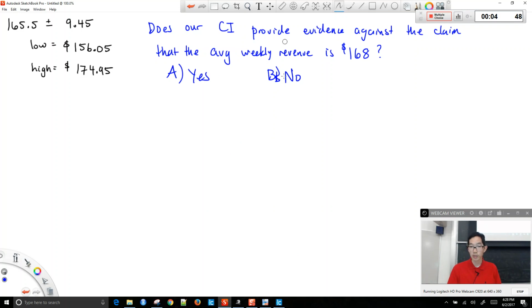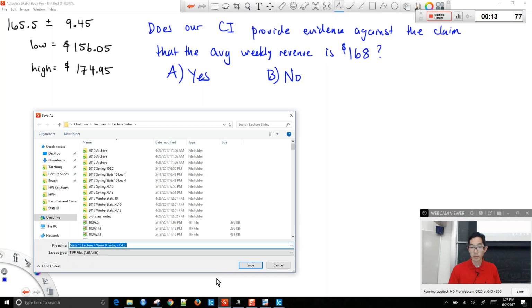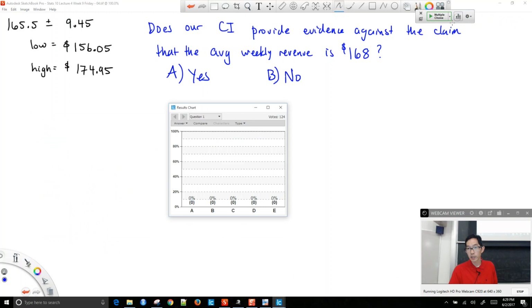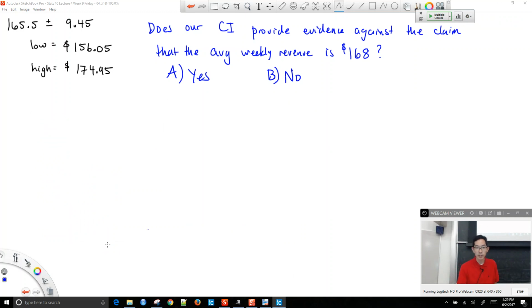Okay, let's take a look. All right, and that's correct. So basically, the answer is no. And what we say is 168 is inside the interval, right?